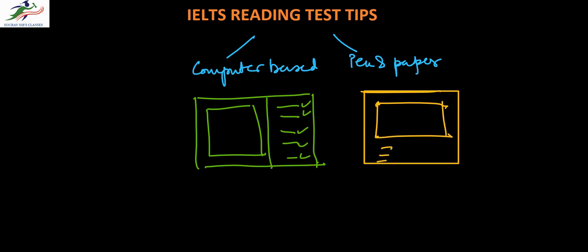So first difference is you have to keep going back and forth if you're attempting the test through pen and paper. Whereas in case of computer, you can see the questions on the side as you scroll along.